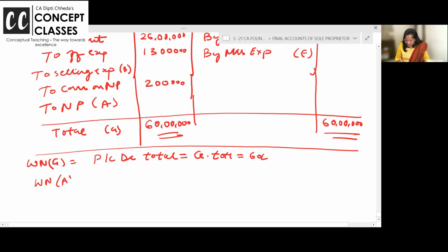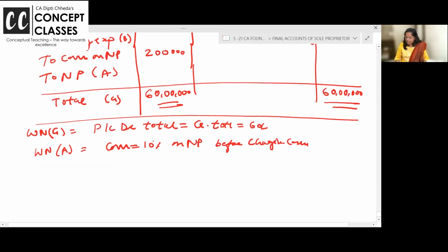Now, I'm making working note A. Commission is equal to 10% on net profit before charging commission.